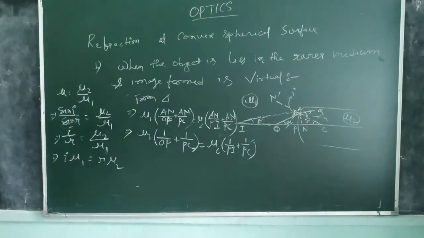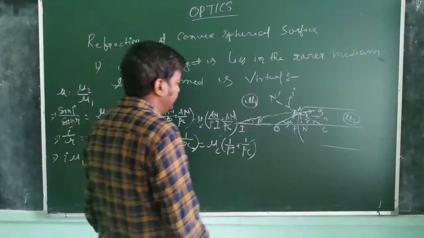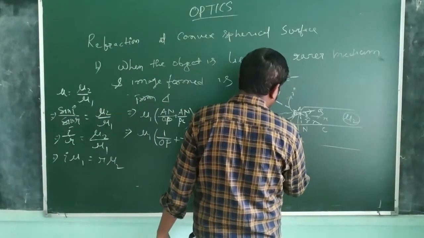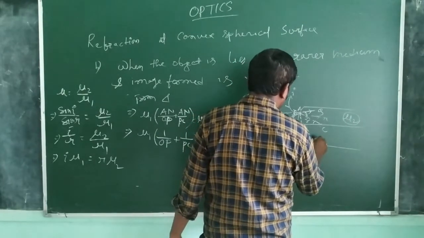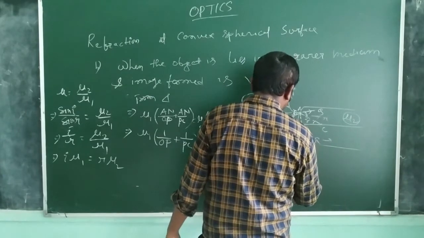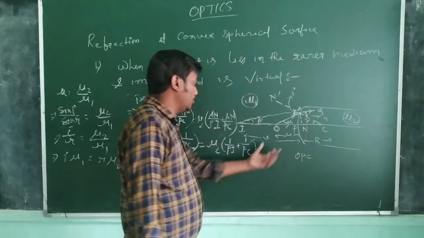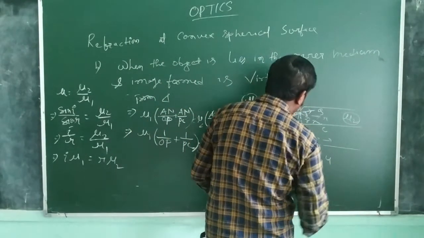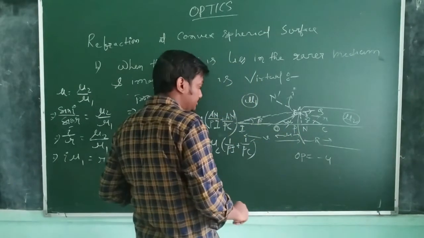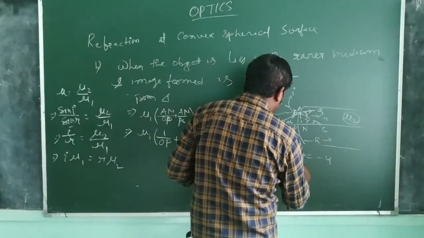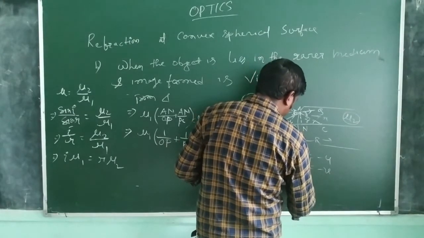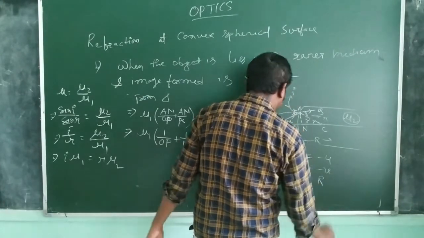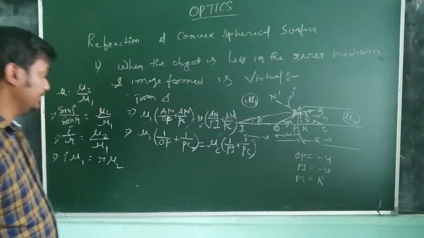Now if you are using sign convention, what will be OP? Suppose it is u, PI is v and PC is R. OP will be minus u because we have taken it in the opposite direction of the incident ray. PI will be plus v and PC will be plus R.